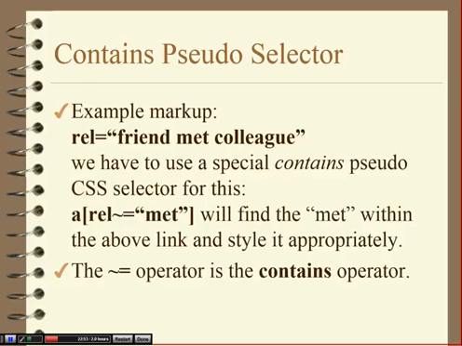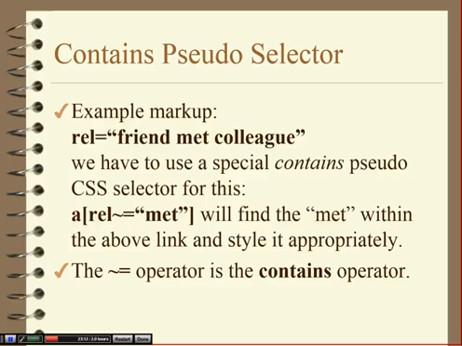Okay? All right, we also have one that lets us do, this is called a pseudo selector. And this operator here with the circumflex and the equal sign, that's actually from the Perl language, and that means contains.